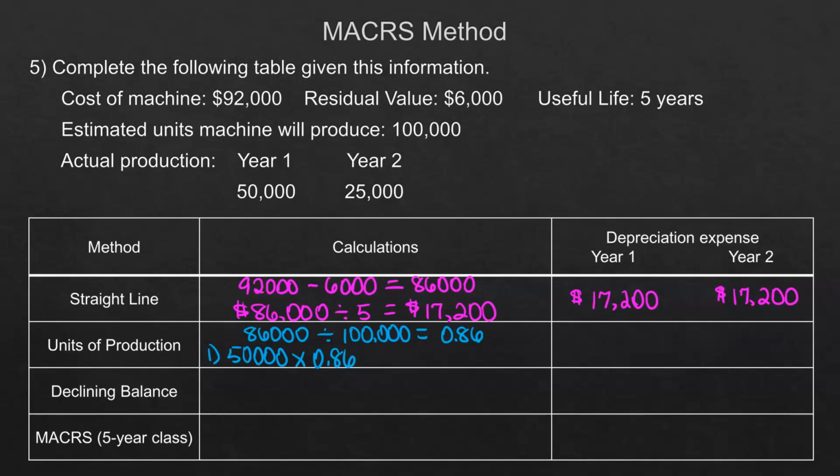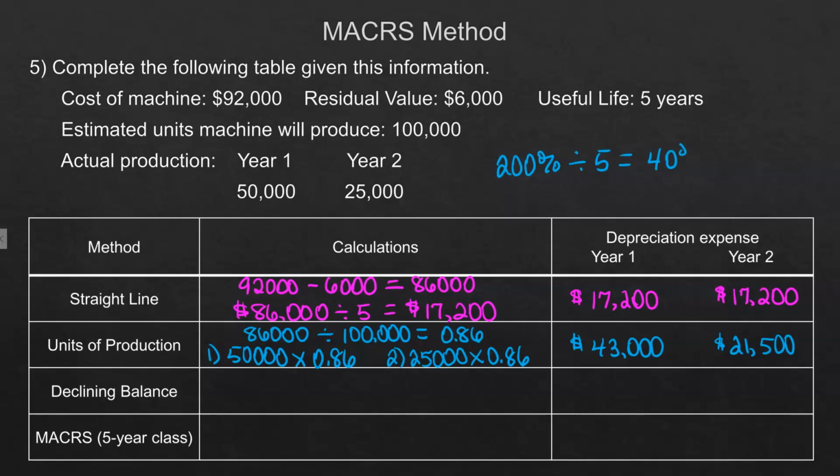When I multiply that, I get 43,000. I don't have a ton of space here, so I'm going to do it this way. In year 2, we're going to take 25,000 times 0.86. Basically, it's going to be half of that, right? Because 25,000 is half of 50,000. So 21,500 for that one.